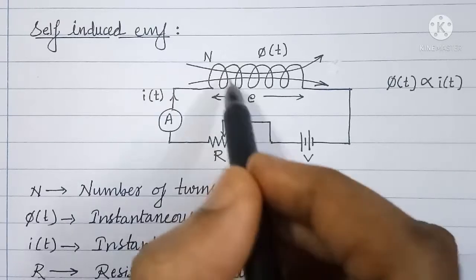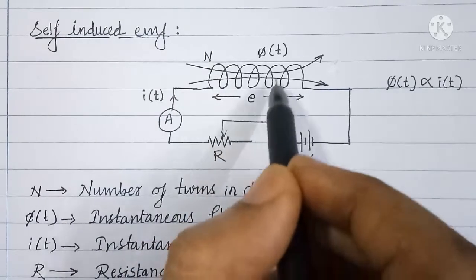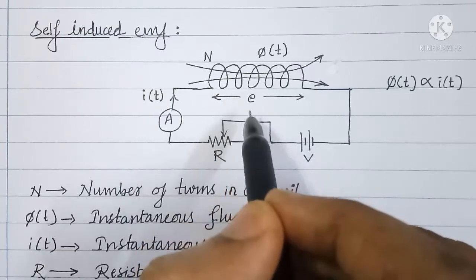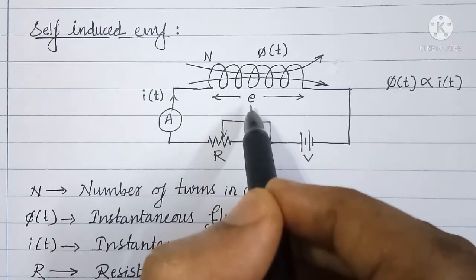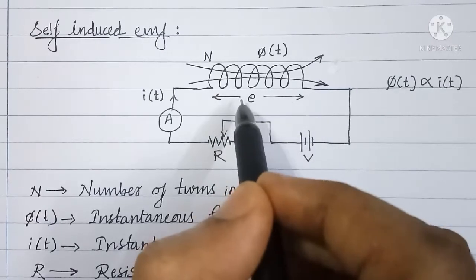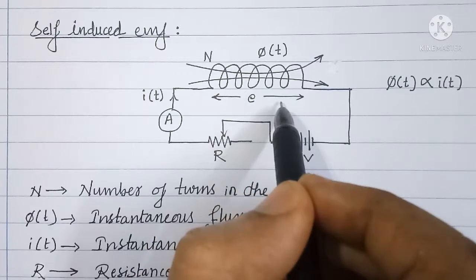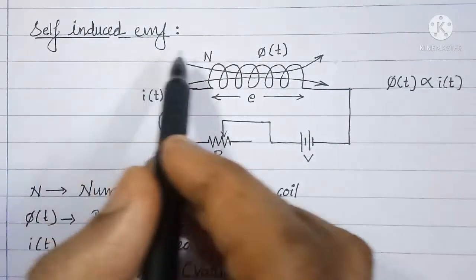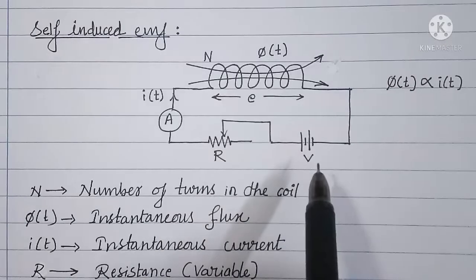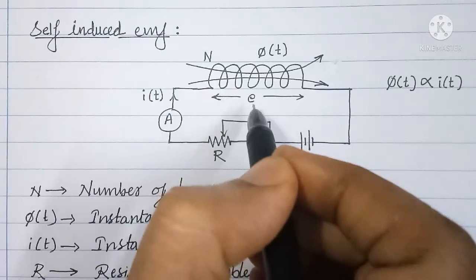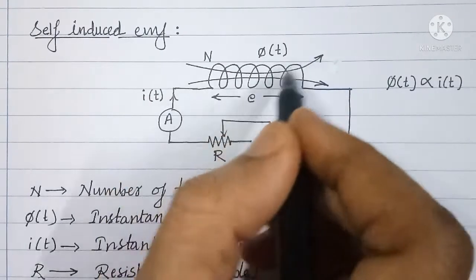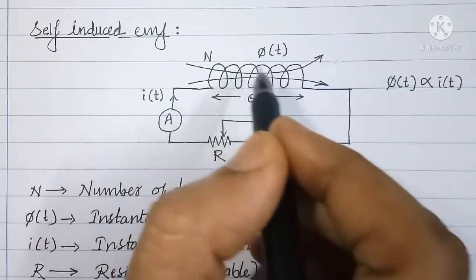Because of variation of the flux produced by this coil, which is linking with the coil itself, there will be certain induced EMF in the coil, and that induced EMF in the coil is called as self-induced EMF. It is called self-induced EMF because EMF induced here is due to variation in the flux produced by the coil itself.